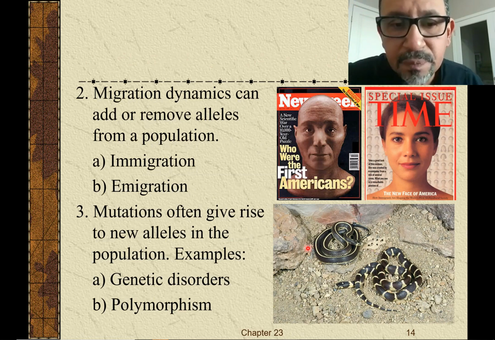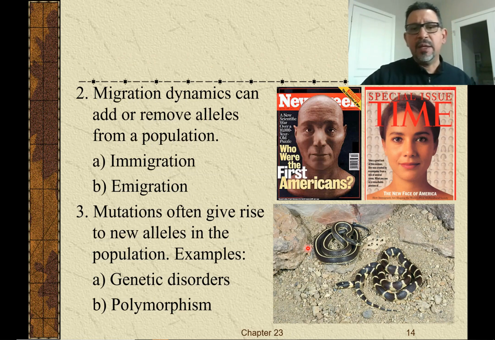We don't know. So this type of phenomenon where mutations give rise to two different forms in a population, we call that polymorphism. Poly simply means many, morph means forms, many forms. In this case, we have two different forms, same snake, same species. These two could be siblings.